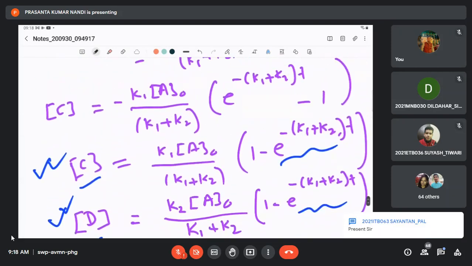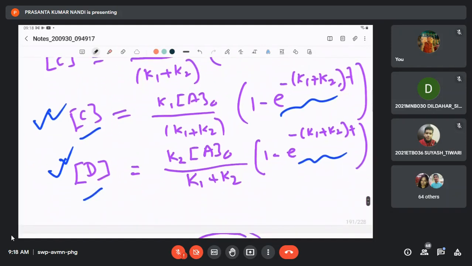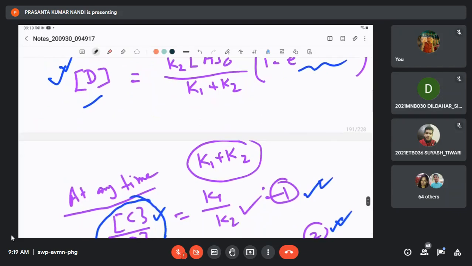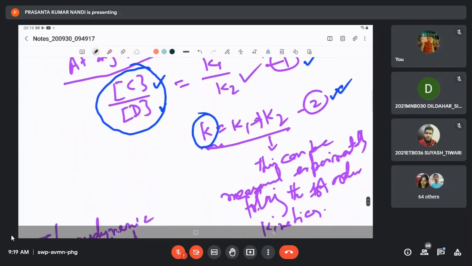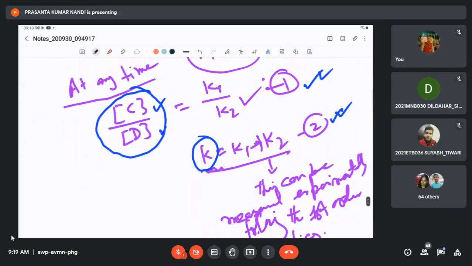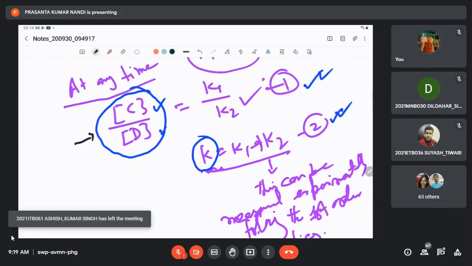Yes, because you see, only K1 and K2 differ, other things remain constant. Even identical, not constant, identical in the right hand side expressions. If you look at the expressions of C and D, the only quantities that differ are K1 and K2. So we can find this expression, that is the ratio of the concentrations of the products C and D is given by this equation.